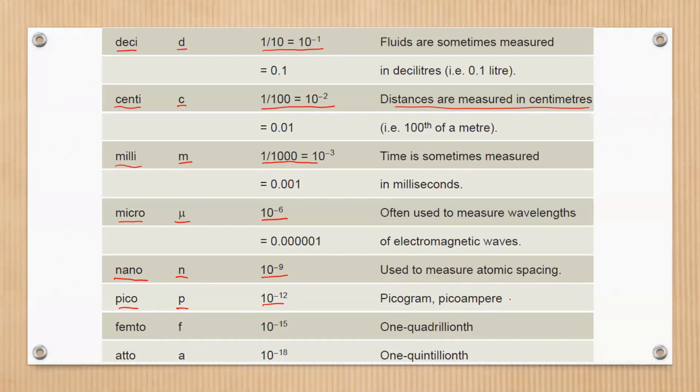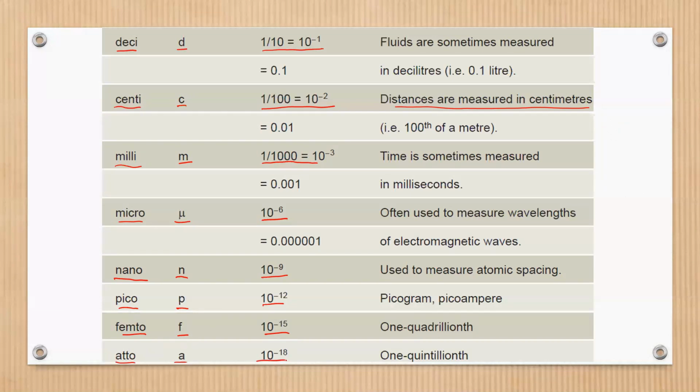If current cannot be measured with milliamperes or microamperes, we can go further to smaller units, picoamperes. Femto, symbol f, 10 to the power -15, 1 quadrillionth.